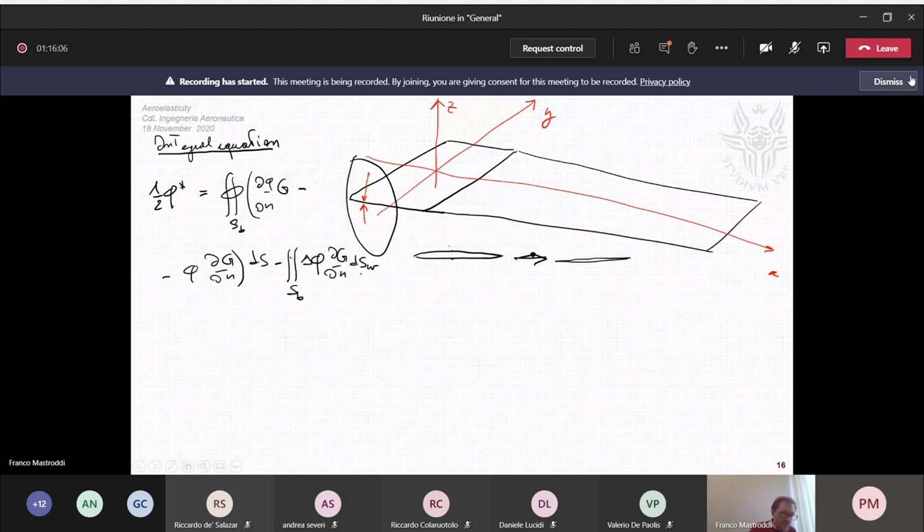Okay, so we are in Laplace domain, so we have tilde quantities for the unsteady quantity. So what happened in this case?